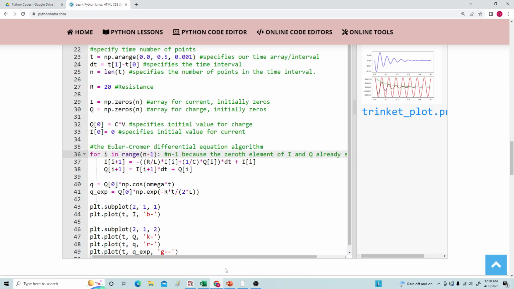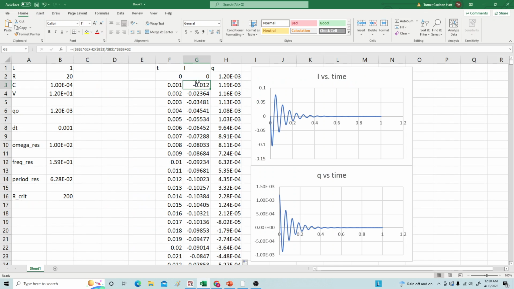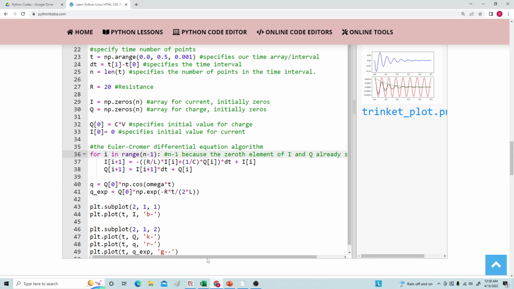I equal to 0 would be the 0th elements, but I've already specified those, so I need to calculate the I plus 1 elements. So this is going to go from 0 to n minus 1, and for 500 times, I is going to go from 0 to 499.